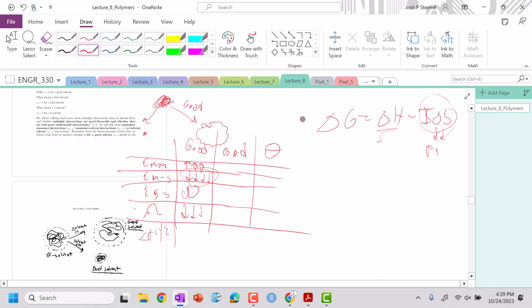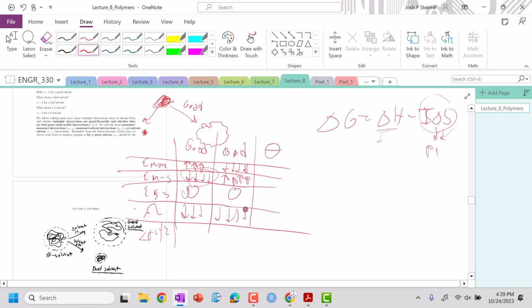If I'm in a bad solvent, my polymer collapses, my monomer-monomer interactions are very, very favorable. And I hate to have monomer-solvent interactions. So my polymer will collapse, similar to a hydrophobic molecule. Solvent-solvent again is 0, and what happens to my number of microstates? Well, when I collapse, and I'm stuck in a small tight configuration, that also decreases.